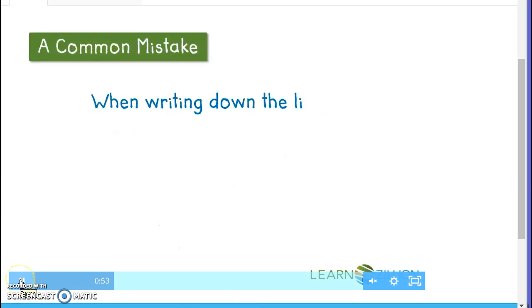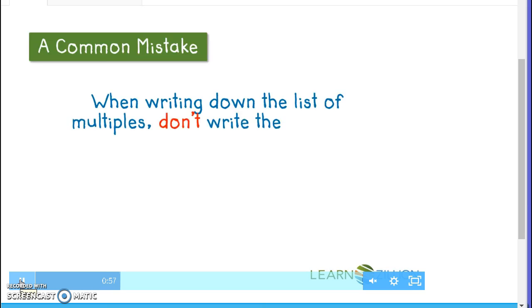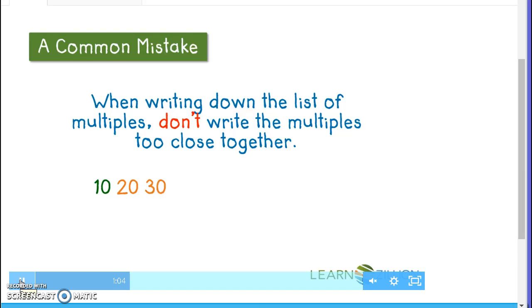Alright, so when writing down the list of multiples, don't write the multiples too close because that can kind of mess you up. So you always want to put commas between them. For instance, if you were trying to do the multiples of 10, and you did some commas here or there, it would be kind of confusing. But if you actually put the commas after the number, you can go, okay, the first 5 multiples of 10 are 10, 20, 30, 40, 50.